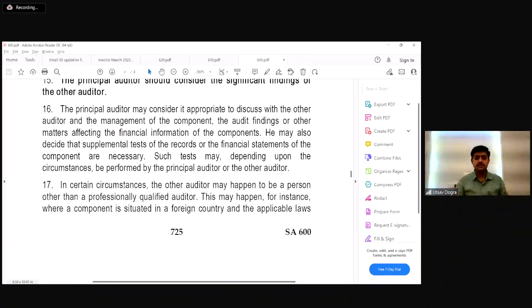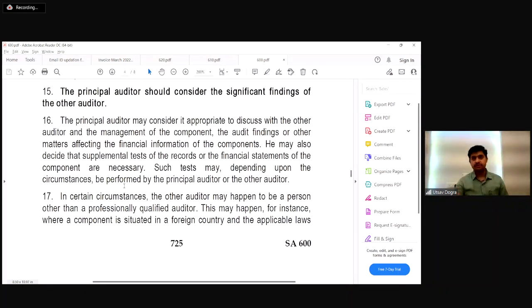But having said that, the ultimate responsibility is with the principal auditor. If the principal auditor is not comfortable with the audit report that has been submitted, based on his own observation, he might have visited, or he might have run some extensive substantive audit procedures on the audit of the component, or the principal auditor must modify his opinion.